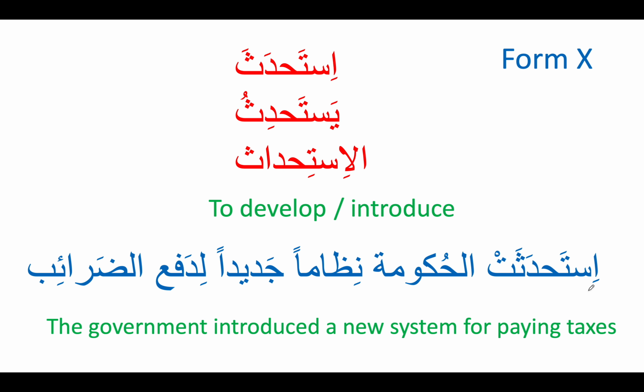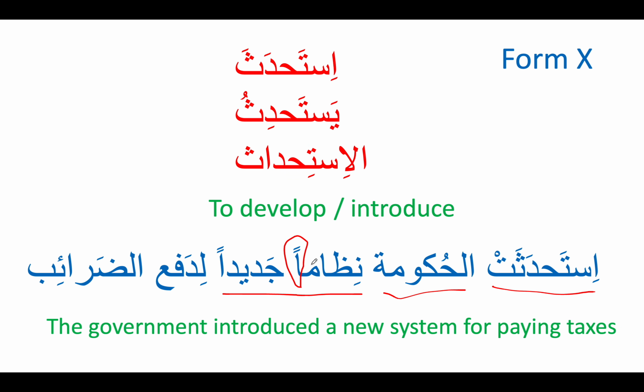So استحدثت is the verb first, and it's feminine, the ta ending, because الحكومة is a feminine noun. So the government introduced نظاما جديدا, so a new system. نظام is system. Now it's نظاما because it is indefinite and it is the object of the verb. So that's why it's in the accusative. It's the object of the verb because what did the government introduce?